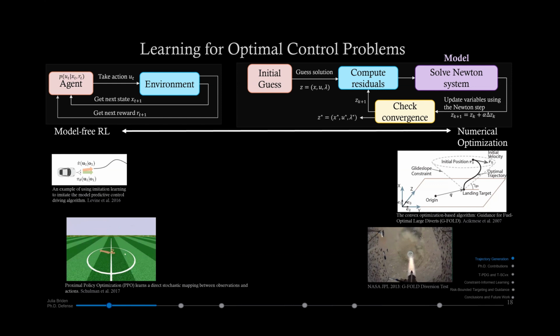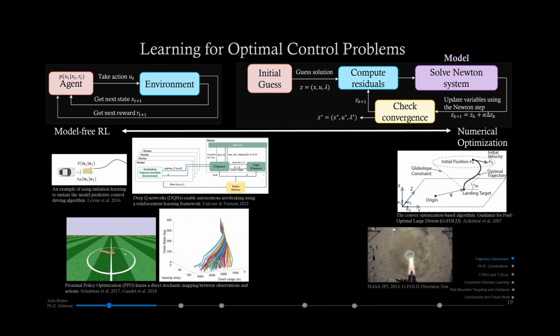Now on the other side with numerical optimization, we have G-FOLD, or guidance for fuel optimal large diverts. This was one of the first usages of optimization on board. It's the beginning of lossless convexification and one of the only optimal control algorithms that were used on board a flight test, at least, not on a mission.